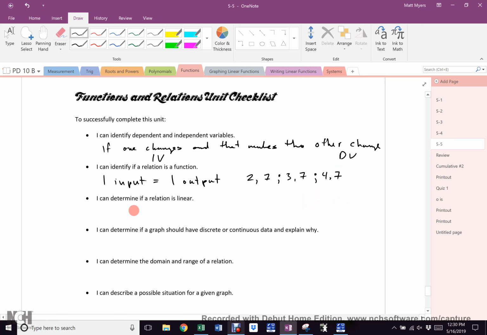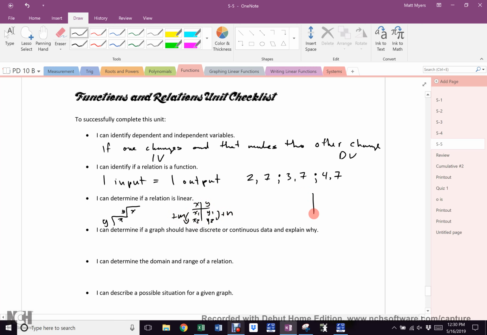Determine if a relation is linear. Up and over. Wait, I'm going to draw that smaller. On a graph, up and over, up and over. If these are the same, it's linear. Whether it's continuous or discrete, it doesn't matter. In a table of values, x1, x2, plus m, y1, y2, plus n. If those repeat, it's linear.